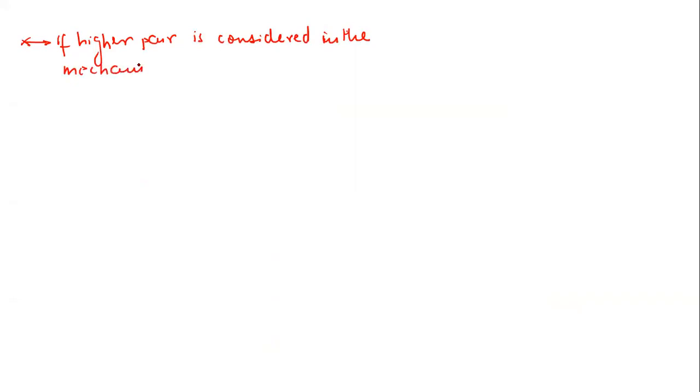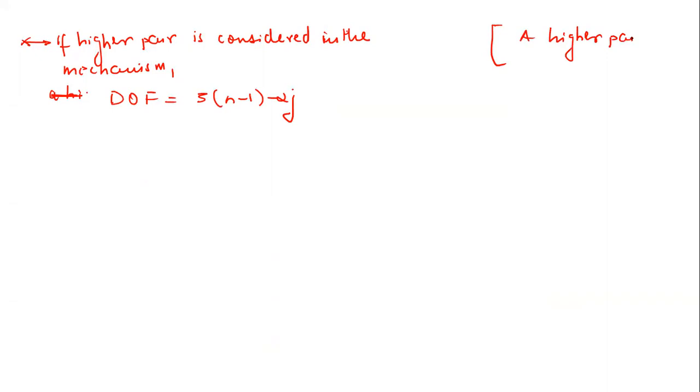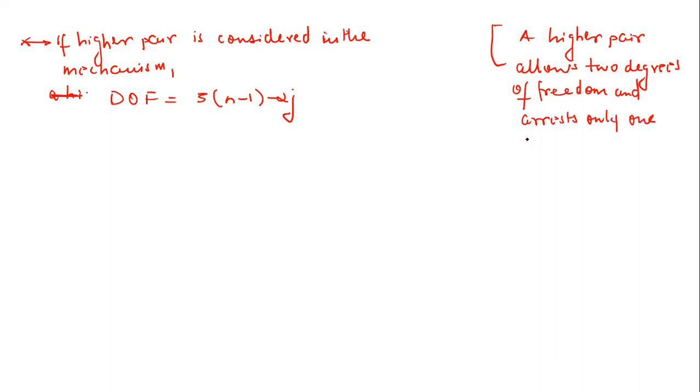Usually a higher pair allows 2 degrees of freedom and arrests only 1 degree of freedom, right?